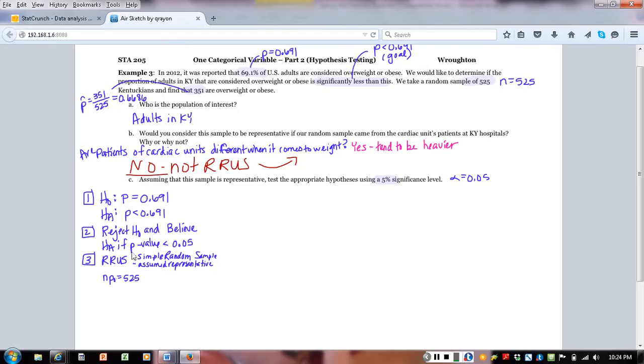Our p0 is the number that shows up in the null hypothesis. So that's our 0.691. So we get about 363, which is at least 10. Our n times 1 minus p0 gives us 162.2, which is also at least 10.